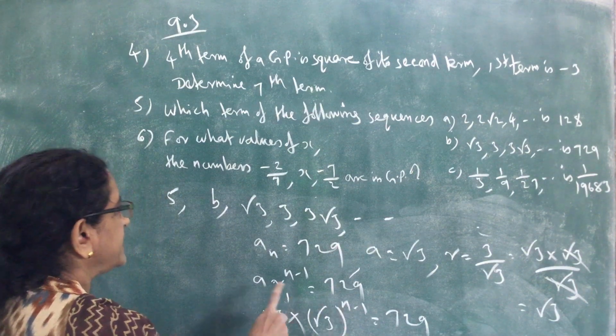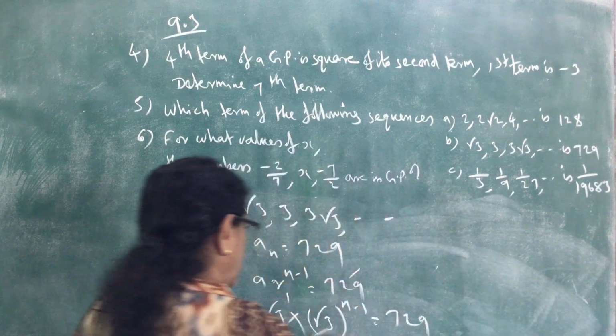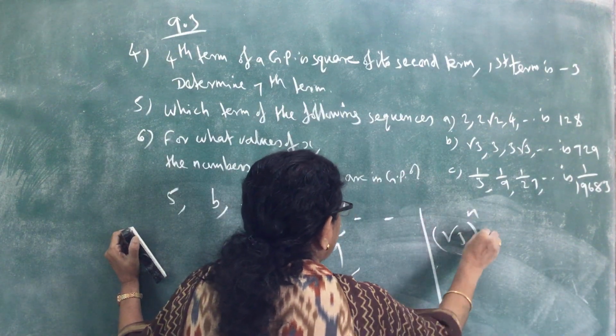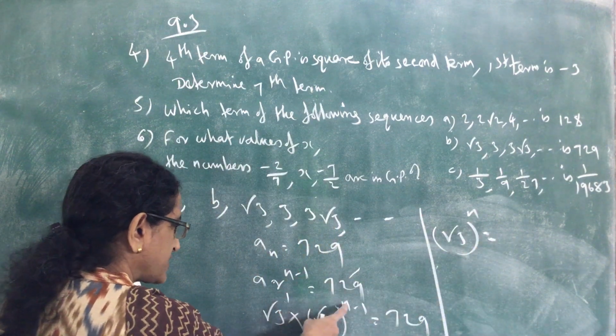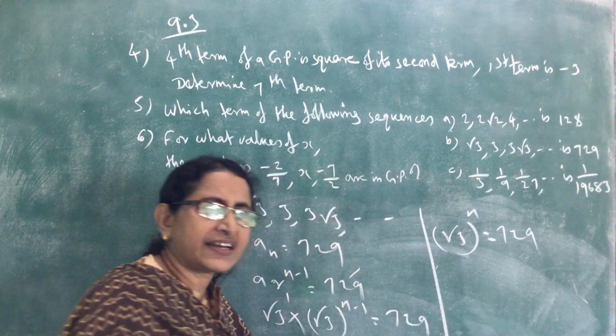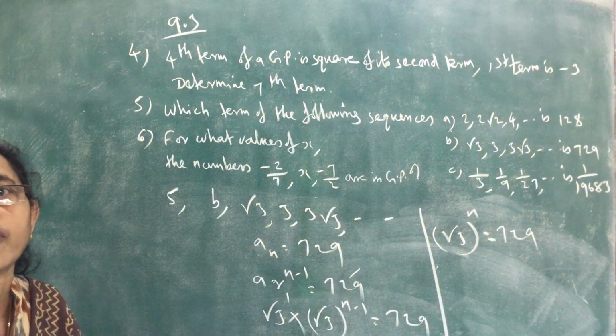So 1 plus n minus 1, that is n. So we get root 3 raised to n equal to 729. Now again write 729 as a power of 3. First write as a power of 3, then write as a power of root 3.